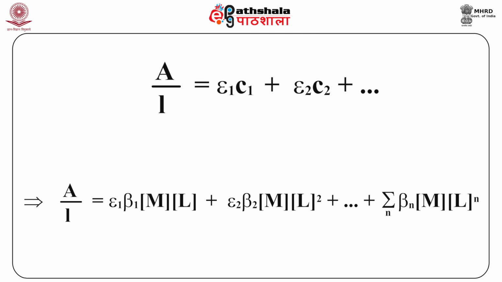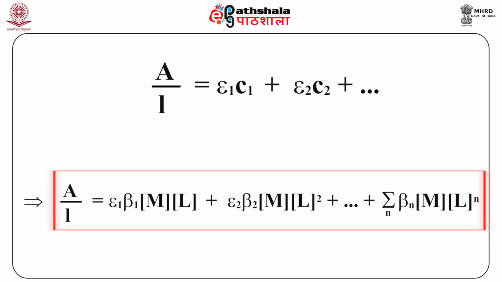So, mathematically it is shown: A upon L is equal to epsilon 1 C1 plus epsilon 2 C2 and so on. Putting the values in this equation, we arrive at an equation where A upon L is equal to epsilon 1 beta 1 metal M concentration, ligand L concentration, plus epsilon 2 beta 2 metal M concentration, L concentration raised to the power 2, and so on.